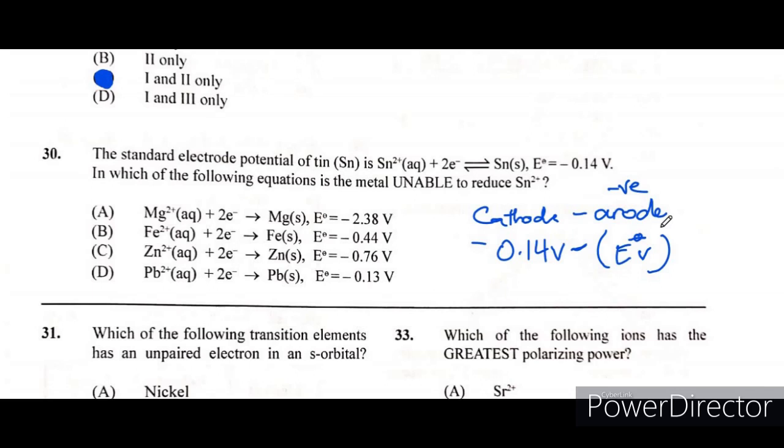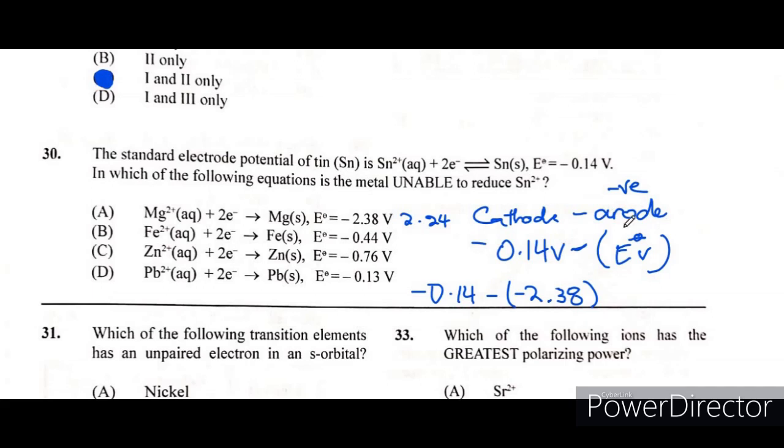Now, if we put minus 0.14 minus 2.38, let me write that in case you didn't get it how I said it. Minus 0.14 minus 2.38. That gives me 2.24. Now, seeing that E0 value is positive, that means that the reaction would be feasible.